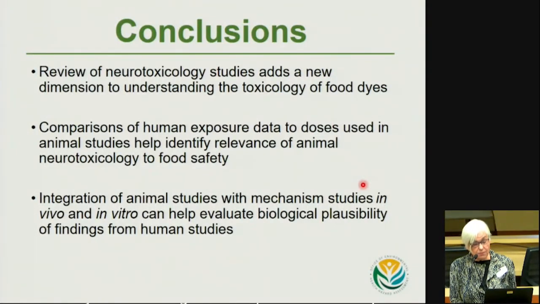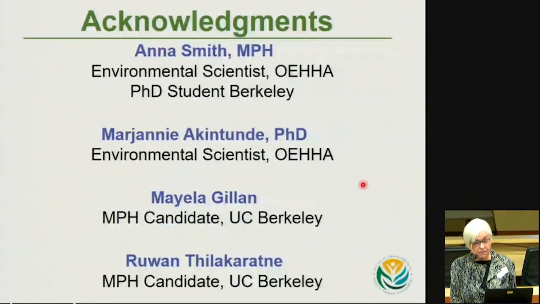So our conclusions at this point: review of neurotoxicology studies adds a new dimension to understanding the toxicology of food dyes. Comparisons of human exposure data to doses used in animal studies helps identify the relevance of the animal studies to food safety. And the animal studies must be integrated with mechanism studies to help evaluate the biological possibility and to support causality in human studies.